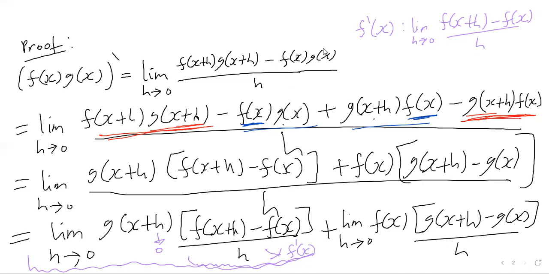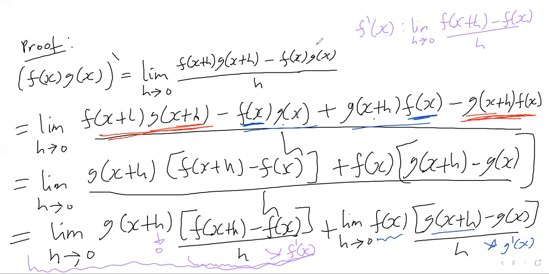And a similar kind of thing is going on over on this side. As h goes to 0, f of x just stays the same. And then this g of x plus h subtract g of x all over h is going to tend to the derivative of g, because again, by definition, the derivative of g of x is the limit as h goes to 0 of g of x plus h subtract g of x over h.